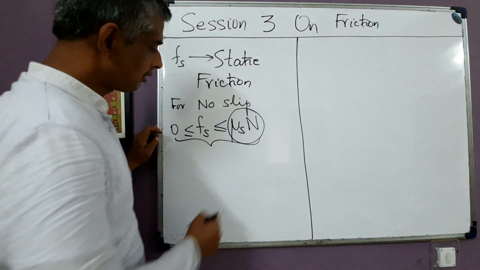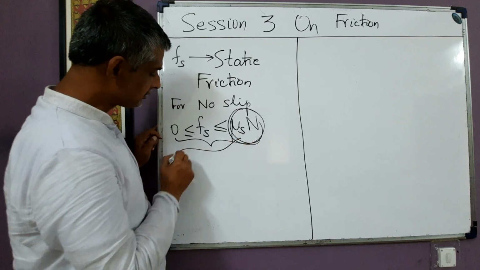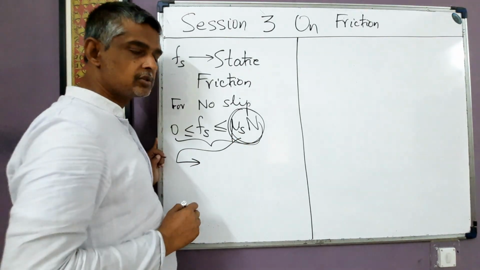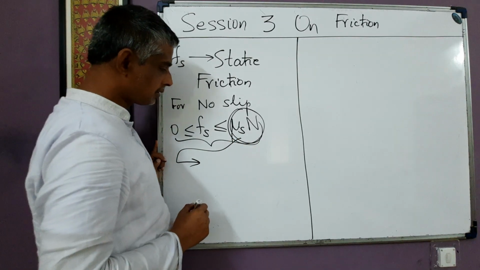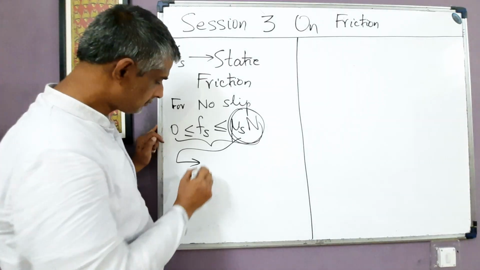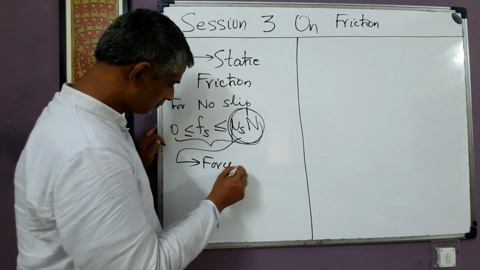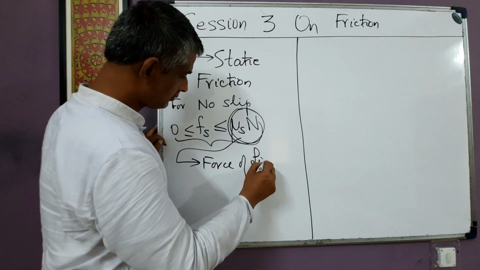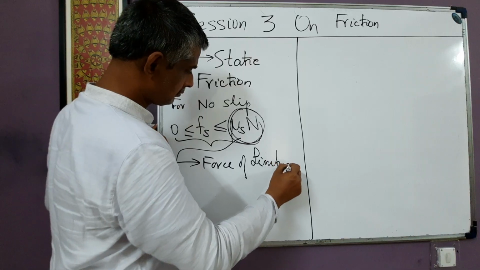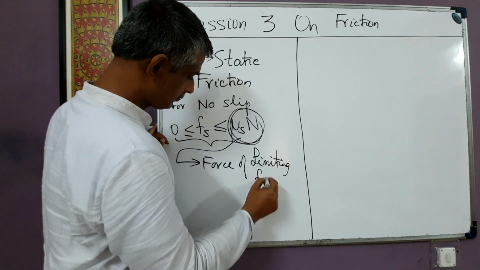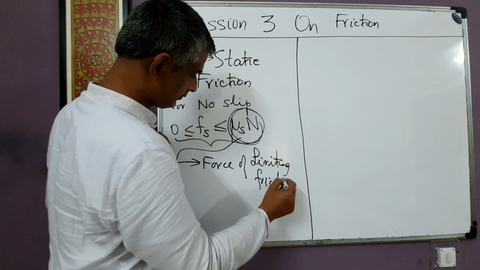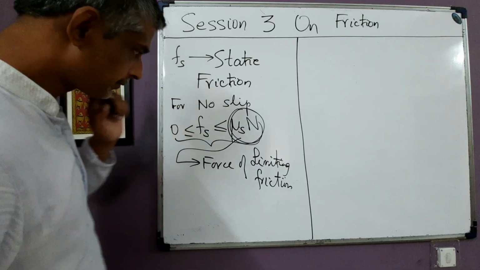Now this mu S N is called by various names. It is called the force of limiting friction.